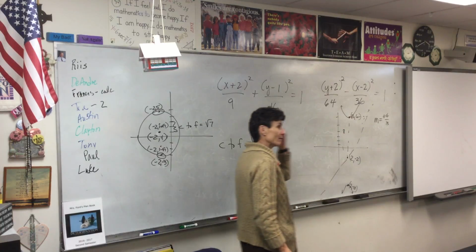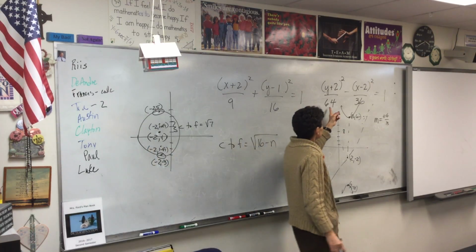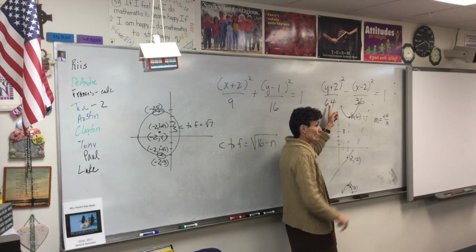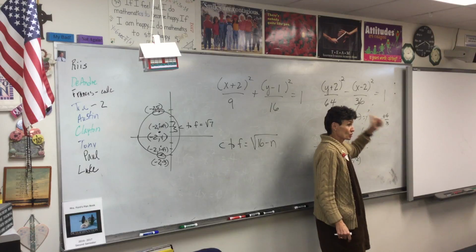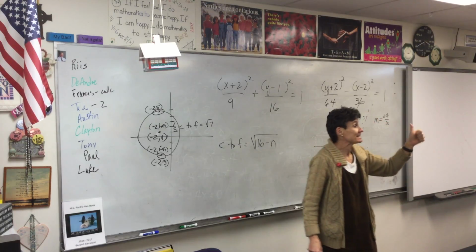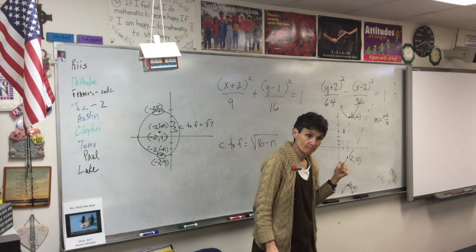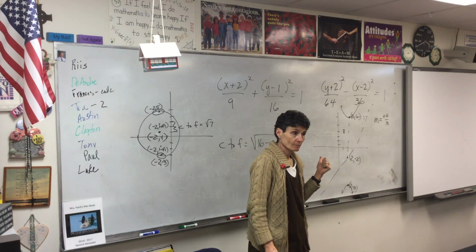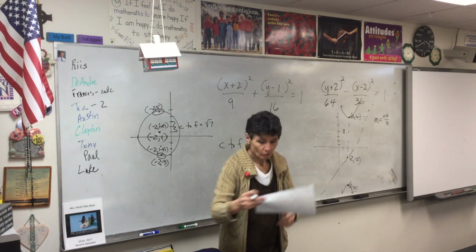You gotta think about it backwards. When you have a hyperbola, you count up 8 and over 6. That means the slope of the asymptote would be 8/6, which is the same as 4/3. Okay?